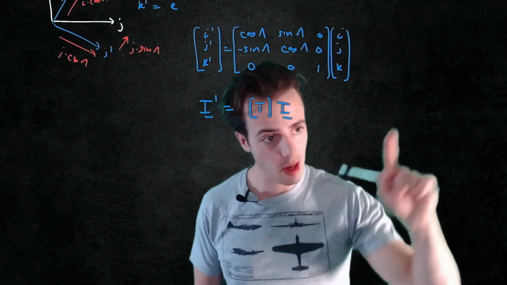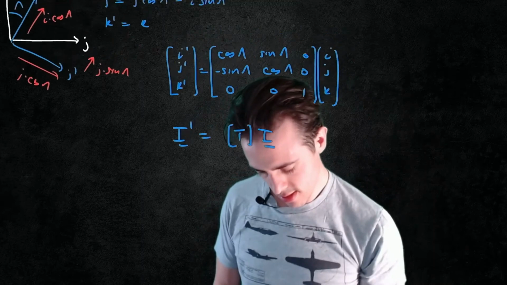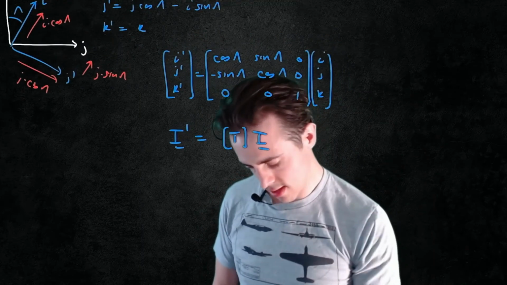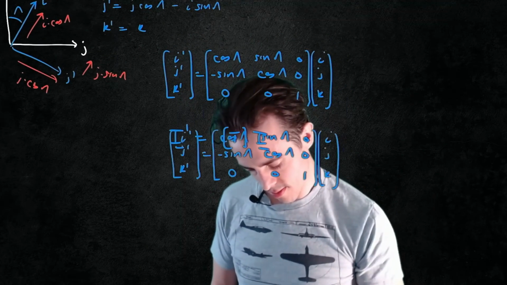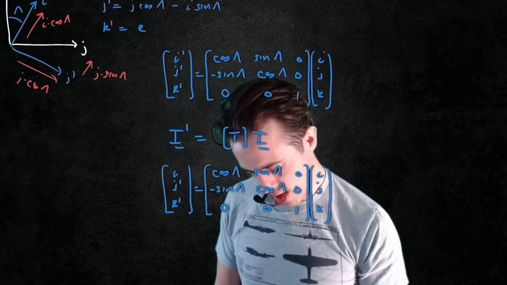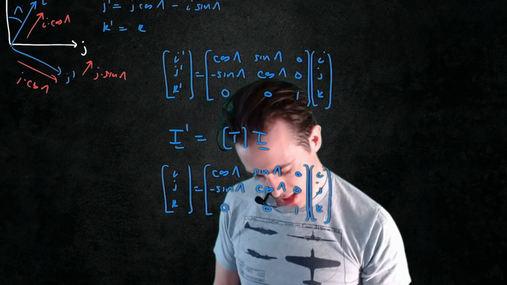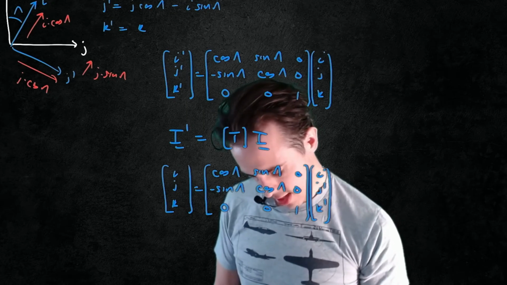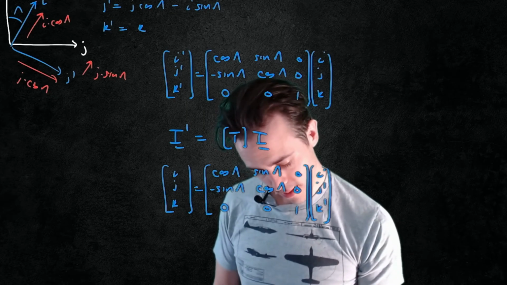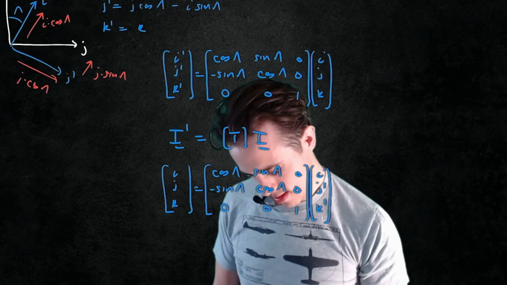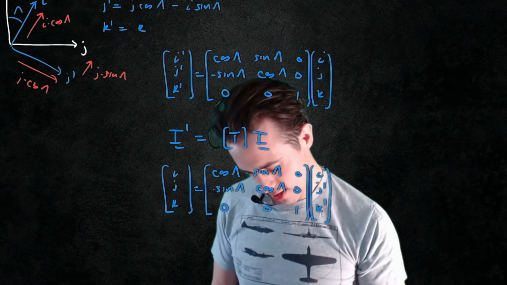So I could similarly just write this. This is very easy to copy. Just get rid of all the primes from this side, swap them over to here, and I just need to change the sign of my sines. And that gives me two relationships that I will need.